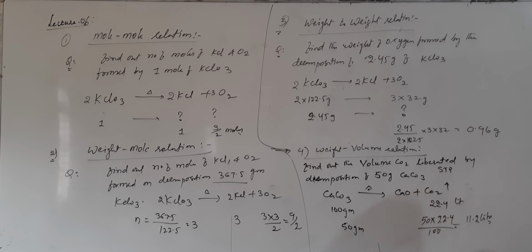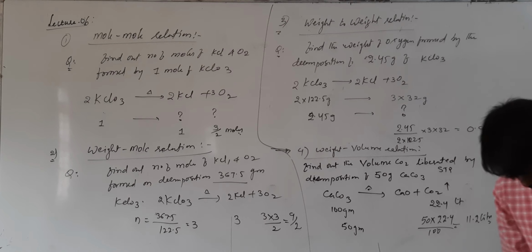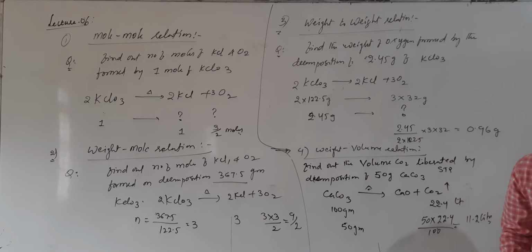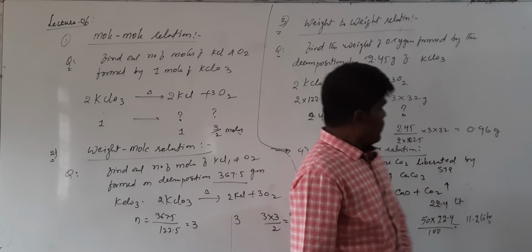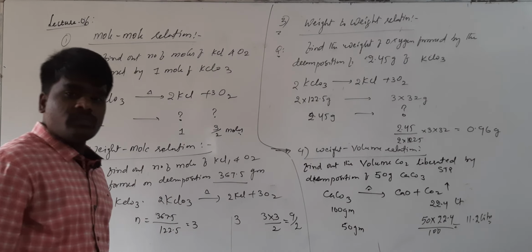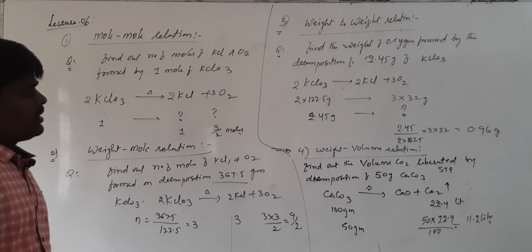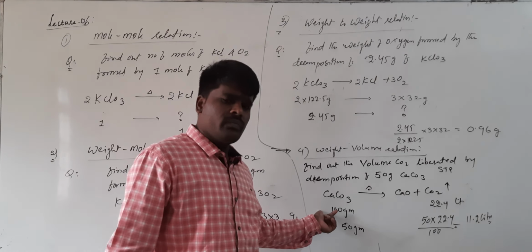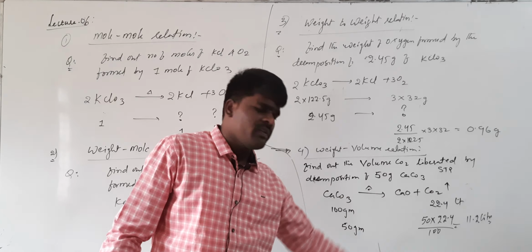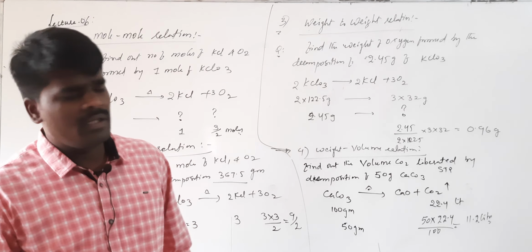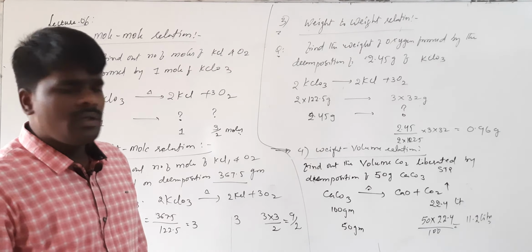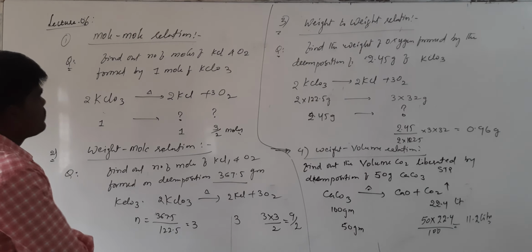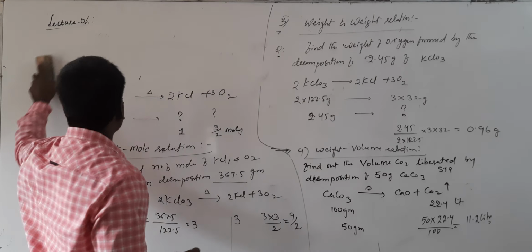This is what we call weight to volume relation. He has given the weight of the substance undergoing decomposition and asks us to identify the corresponding volume of carbon dioxide liberated. If 100 grams gives 22.4 liters, then 50 grams should give 11.2 liters. This is what we call weight to volume relation.